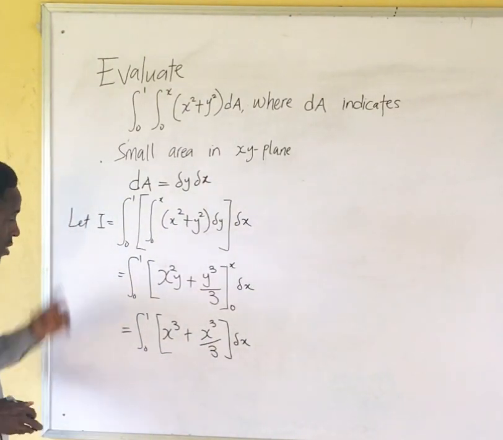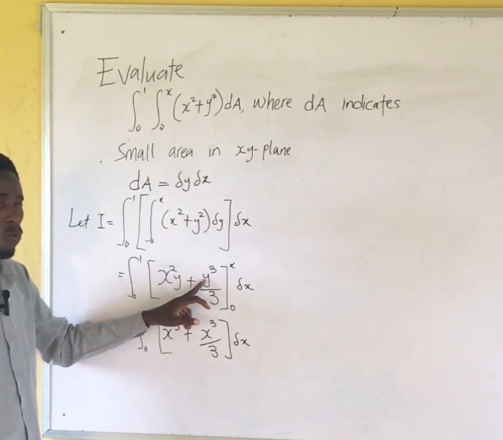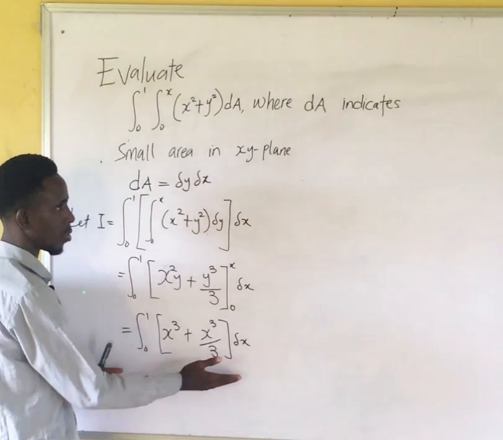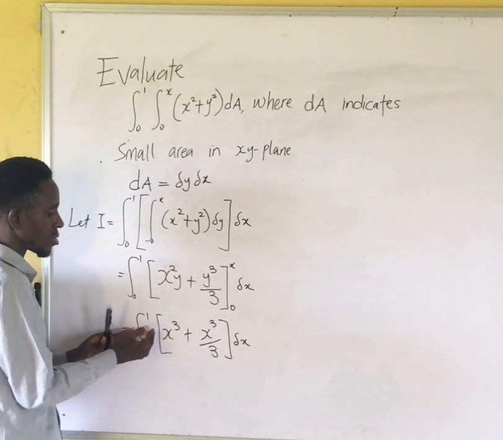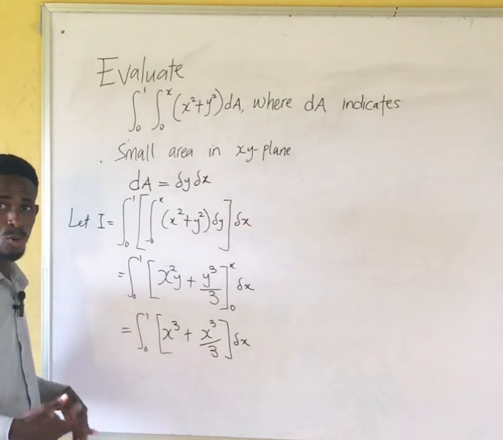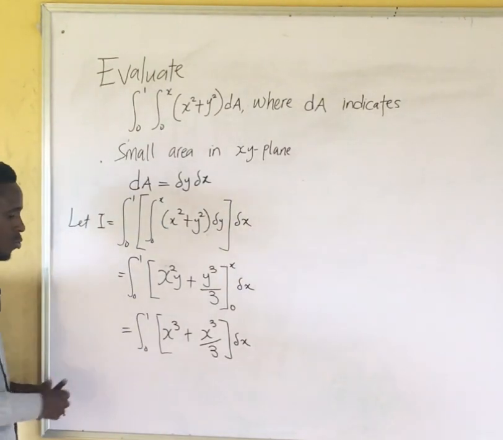You see that? My y here is replaced by my x, like I said earlier. Now this final point, I am going to integrate with respect to x. That's why you have to do double integration.